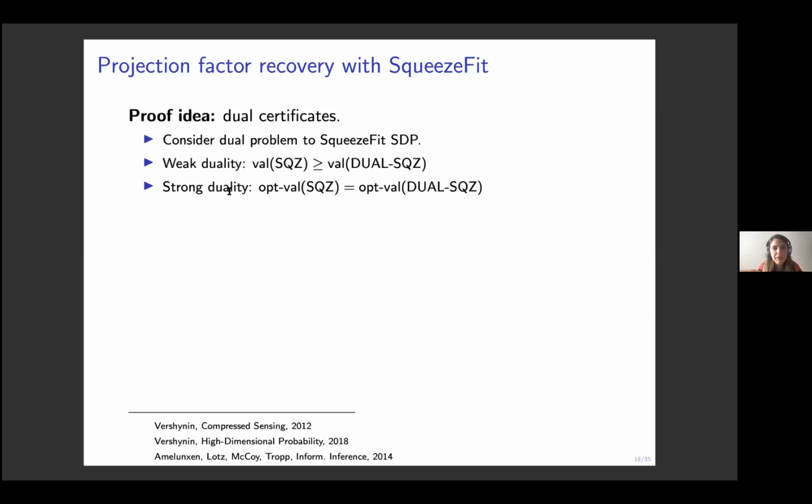And the strong duality property tells you that for the optimal, the value of the primal is equal to the value of the dual. So if you have a candidate solution for your primal problem, you can construct a dual feasible solution that has the same objective value, and then that's a proof of optimality.